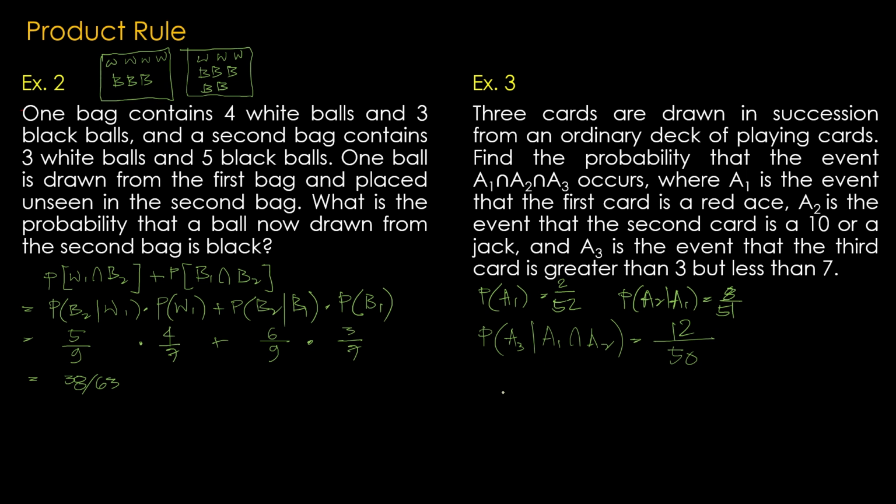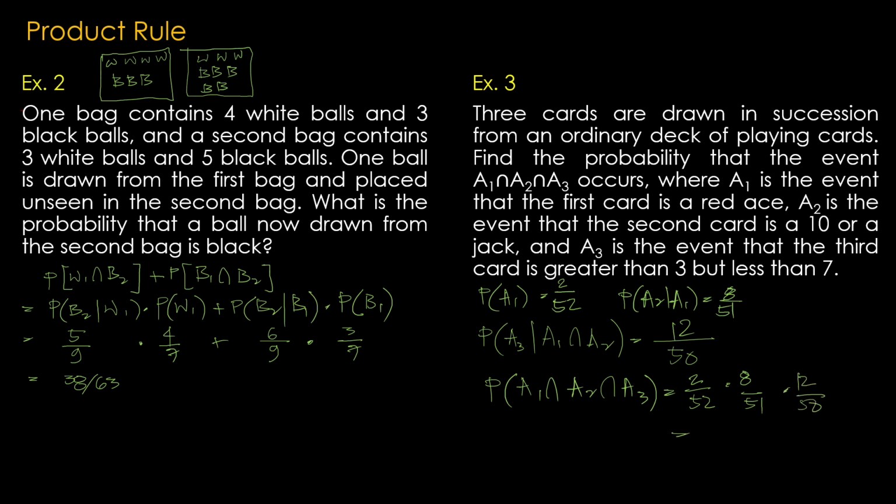Now, if we are to find the probability of drawing 3 cards in succession, and each of those events represents A1, A2, and A3, that would be the intersection of A1, A2, and A3. You just multiply those 3: 2 over 52 multiplied by 8 over 51, and 12 over 50.